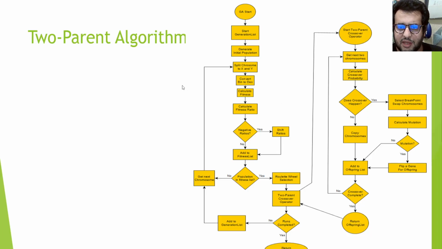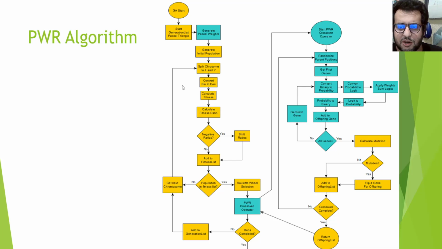Now, the PWR algorithm is essentially the same. We're going to go through everything except in the very beginning we are going to generate these Pascal weights. So we'll get this Pascal triangle and the weights, and we'll use those to get everything else.